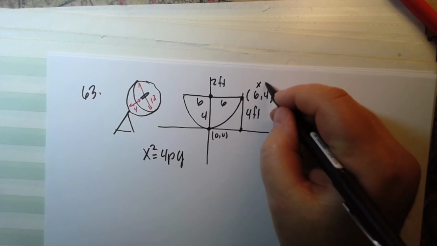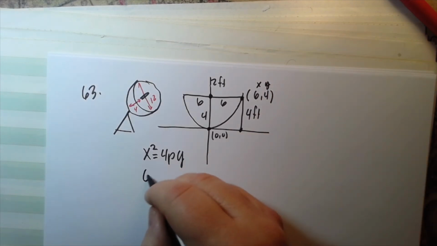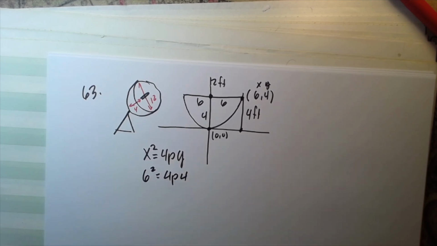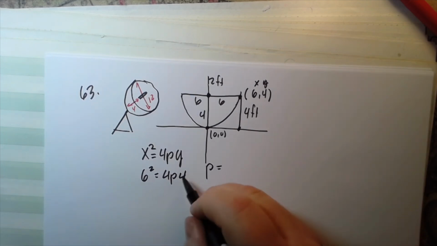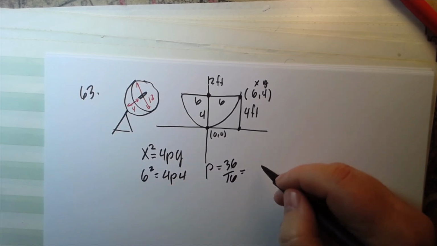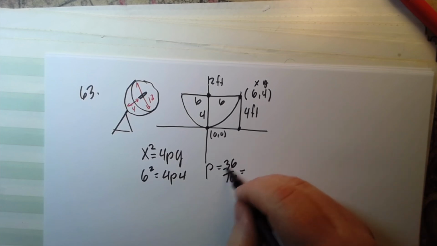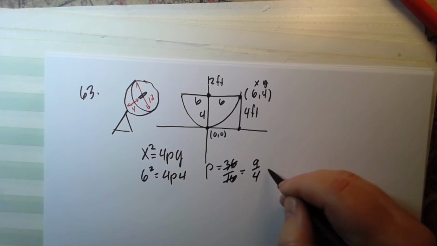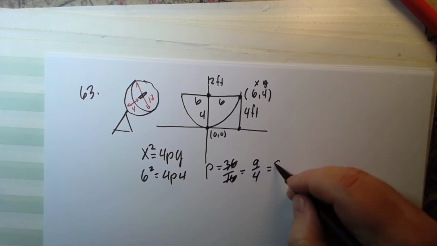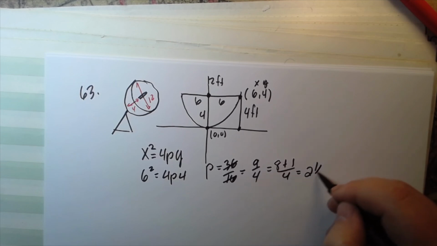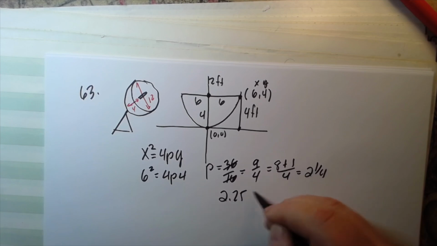We have an x and a y, so stick the 6 in for x and the 4 in for y, and we get p equal to 36 divided by 16, which, 4 goes into both of them, is 9/4. That's 2 1/4, so 2.25 feet above the vertex.